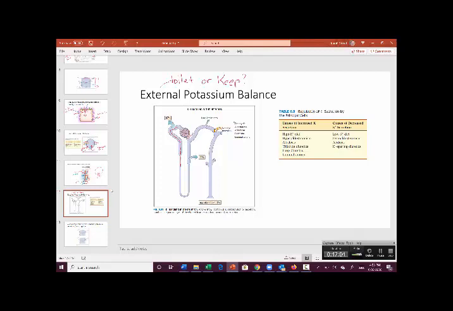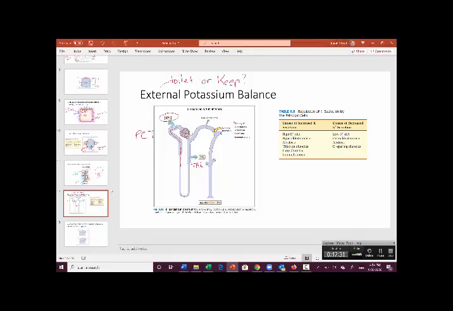Okay, so what is the fate of potassium? Well, in the PCT, we have about 65 to 67% of potassium reabsorbed. Then in the thick ascending limb, we have about 20% or so of potassium that was filtered reabsorbed again.